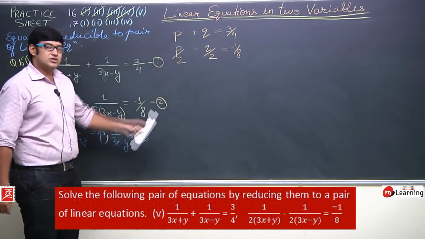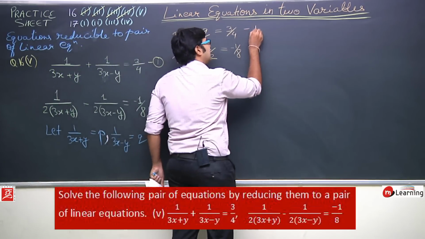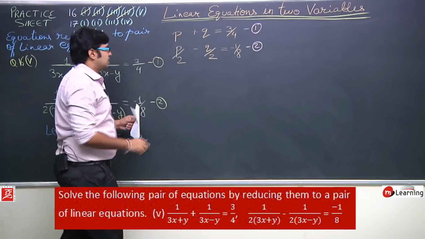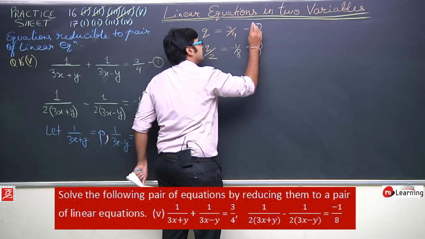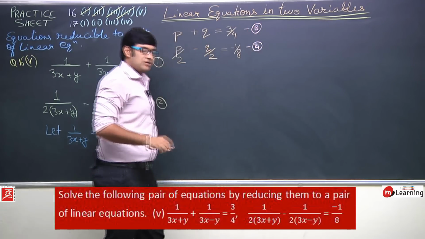So these will be the linear equations, the reduced form of the given equations. Let us say this is the third equation and this is the fourth.